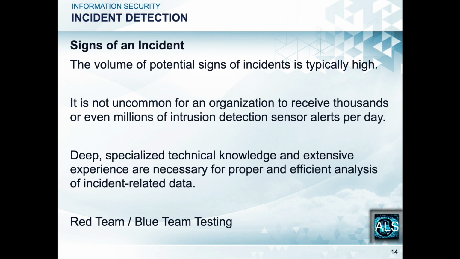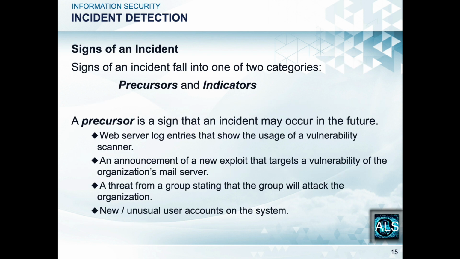Red team and blue team testing is a wonderful tool to help develop the capabilities of your blue team and ultimately your cybersecurity group. Signs of an incident fall into two categories: precursors and indicators.